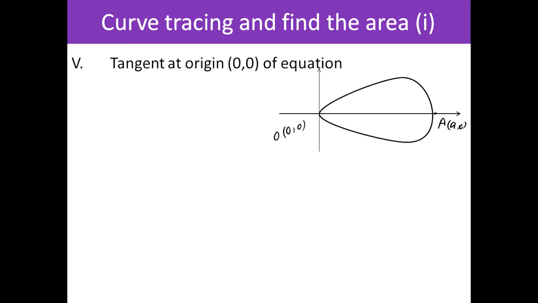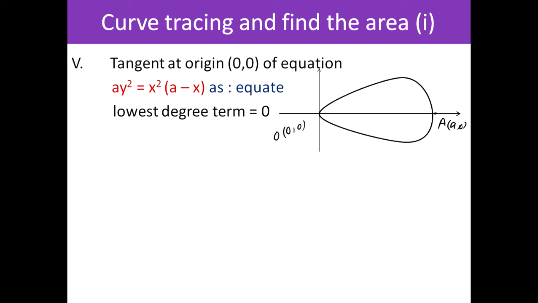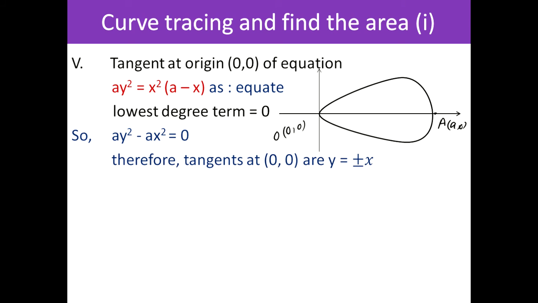And then we have to find the tangent at the extreme points of the loop. For this, equate the lowest degree terms of the equation to 0, we get a y squared minus a x squared equal to 0. Y squared and x squared are the lowest degree terms of the equation, and we get the tangent at origin as y equal to plus minus x.